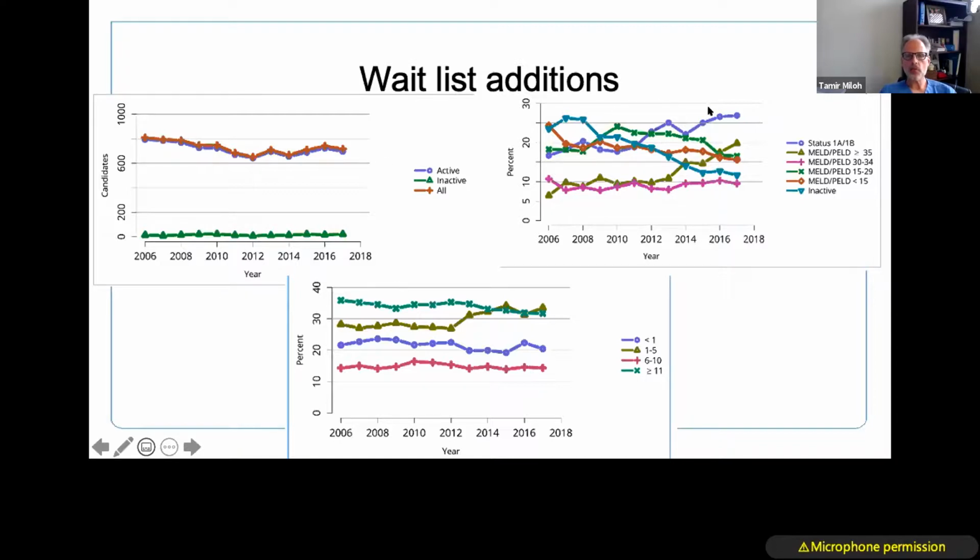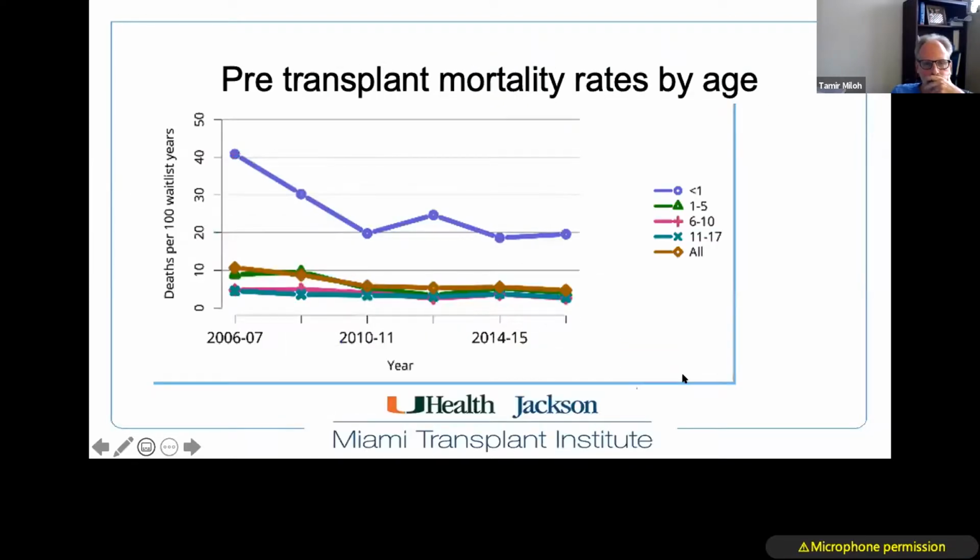The highest group on the wait list are status 1A or B. The highest age group are children less than 11, but you can see that there are significant additions of the different ages.